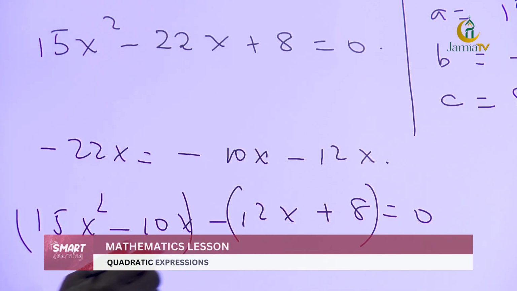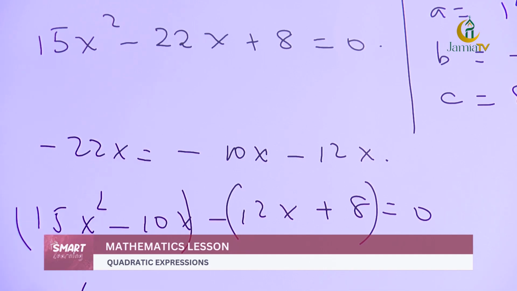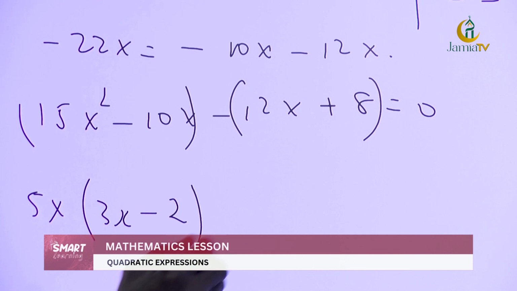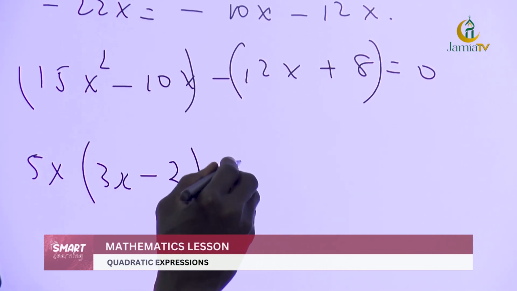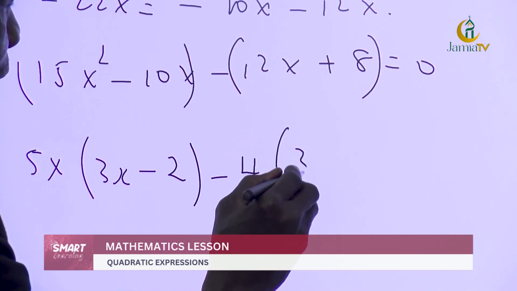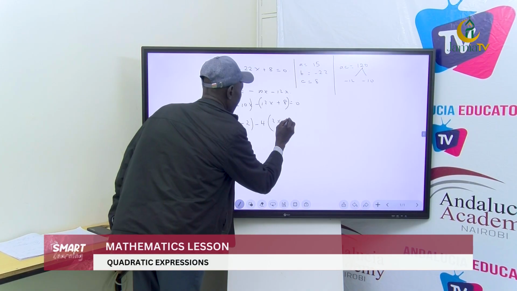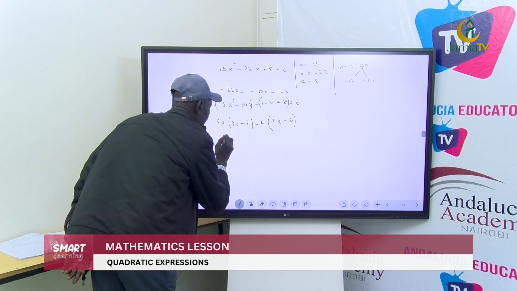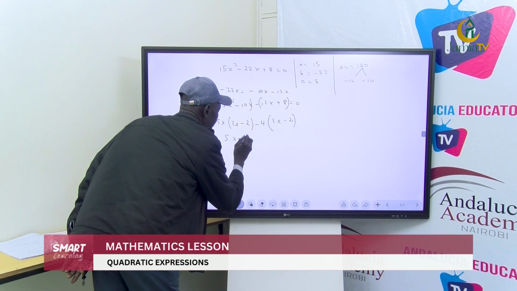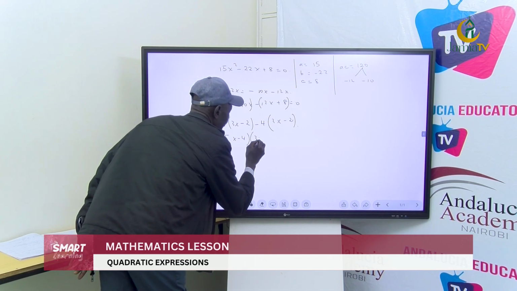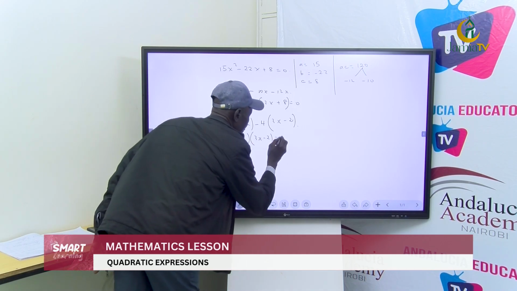Our common factor here will be 5x. Here we shall be left with 3x minus 2. Here our common factor will be negative 4, and then 3x minus 2. So we have 5x minus 4, and then 3x minus 2 equals 0.